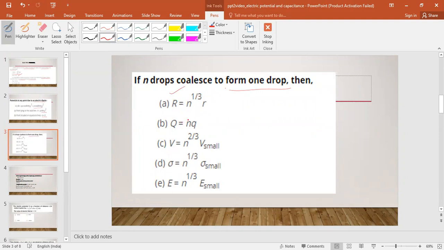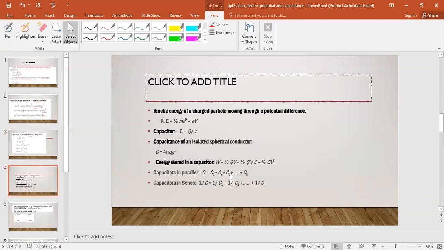And Q, the total charge on the big drop, is equal to n times the charge on each drop. The volume of the big drop becomes n times the volume of the small drop. The charge density sigma is equal to n raised to 1 by 3 into sigma small, and the electric field is n raised to 1 by 3 into E small.